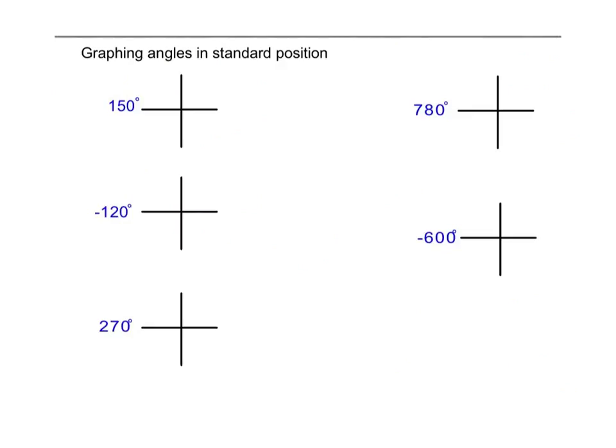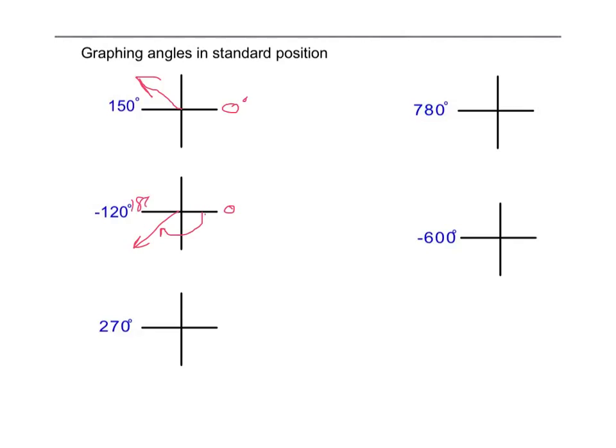If you want to graph angles in a standard position, you would start with the 0 side, right? This is 0 degrees. This clear over here would be 180. So 150 would be somewhere right there. Negative 120 would still start at 0, but it would go backwards this way. Right?